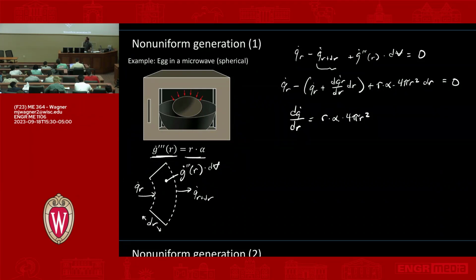All right, so then we have our governing differential equation in heat. We need to substitute in the rate equation, right, Fourier's law, in spherical coordinates. So in spherical coordinates, we say q dot is equal to minus k times 4 pi r squared dt dr. Right, that's just Fourier's law.